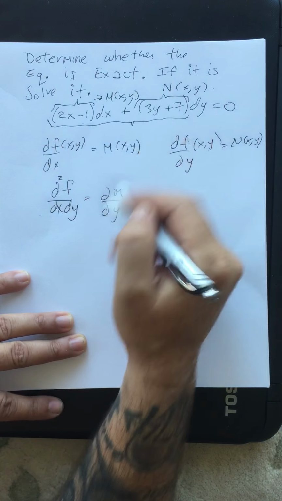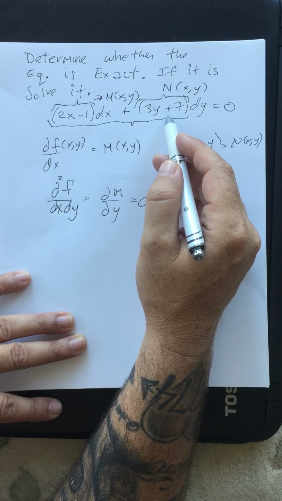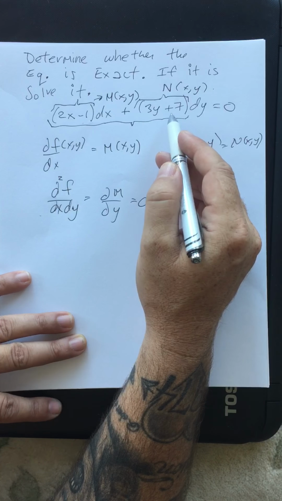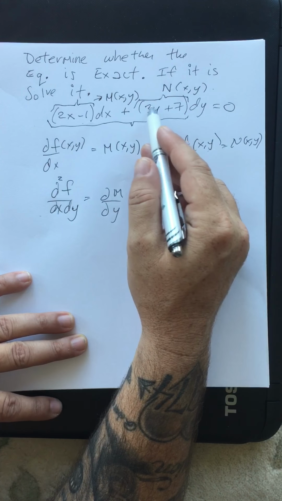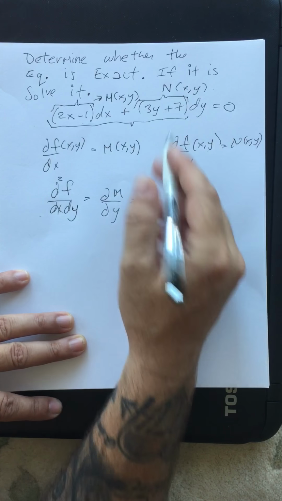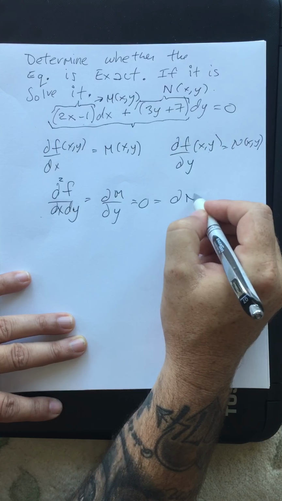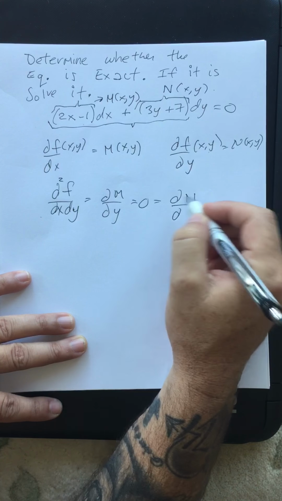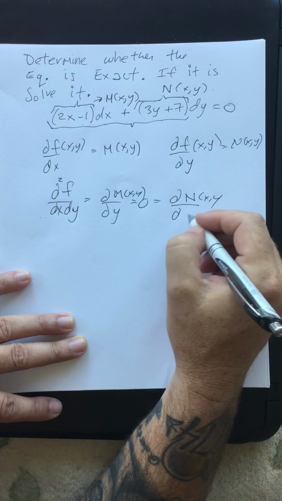Now that should be the same if we take the derivative of the function with respect to y, and differentiate it with respect to x. What would we get? There's no x term here, there's no x term here. We get 0. So we know that this equals the derivative of N(x,y) with respect to x.